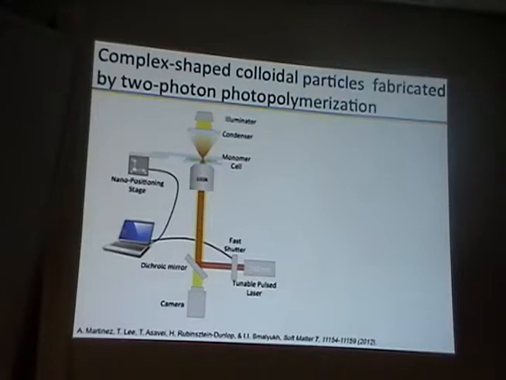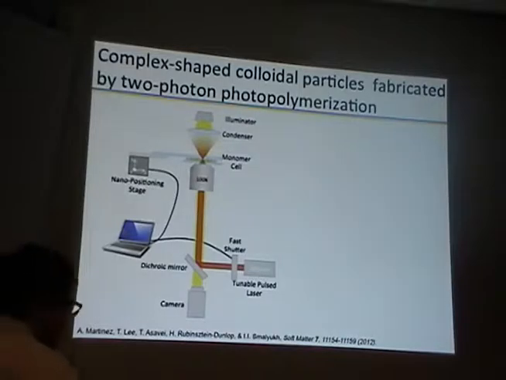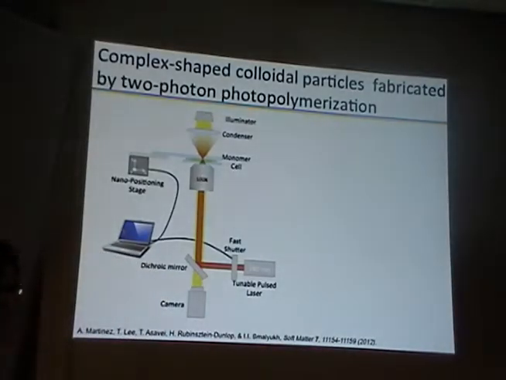But what I would like to discuss next is how we can use colloids with non-spherical geometry and also different topology than that of spheres to generate even more interesting types of defects in liquid crystals. And so to be able to obtain such particles with pretty much arbitrary shapes, we use the technique of two-photon photopolymerization, which is very roughly schematically shown in here.